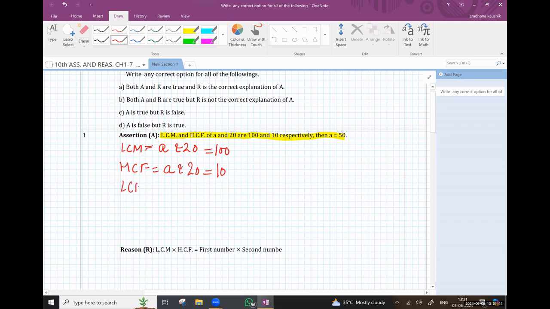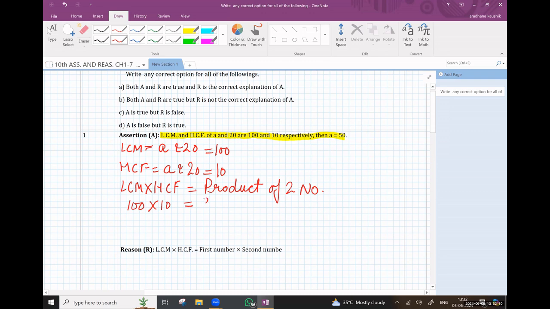So now just simplify this. As we know, LCM into HCF is equal to product of the two numbers. So we can take LCM is 100, HCF is 10, equal to product of two numbers.